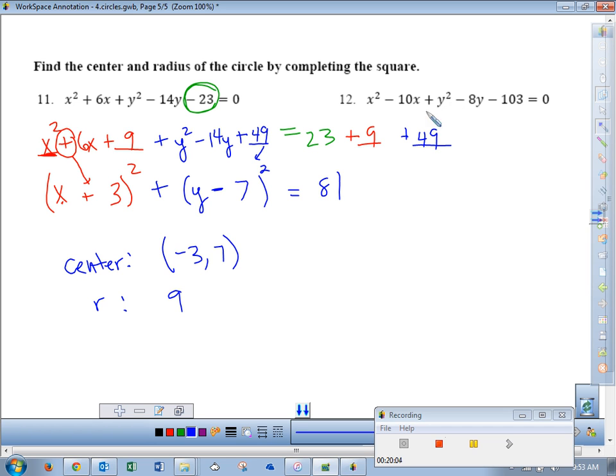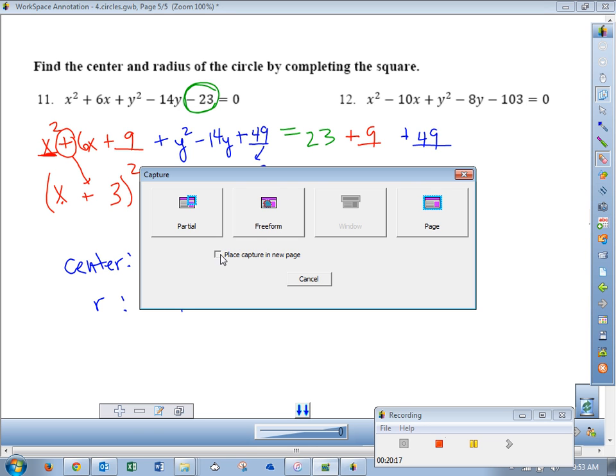We need all the x's together, all the y's together, with blanks. Constants go over to the other side.